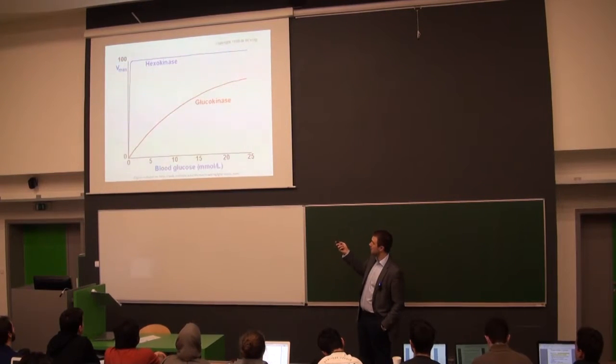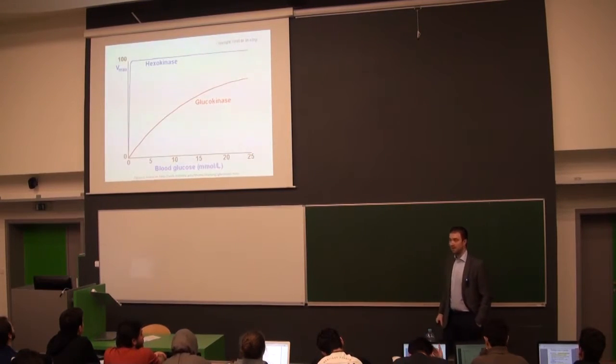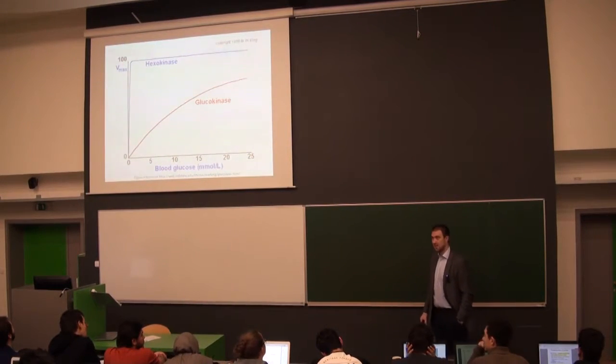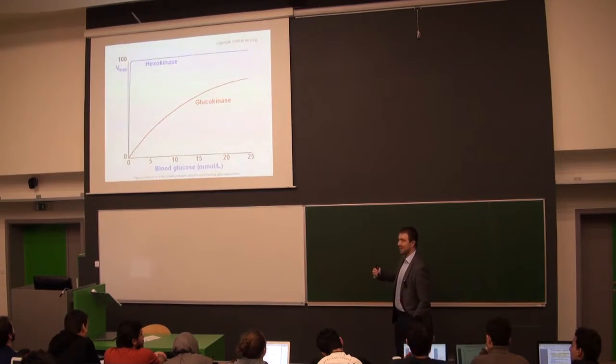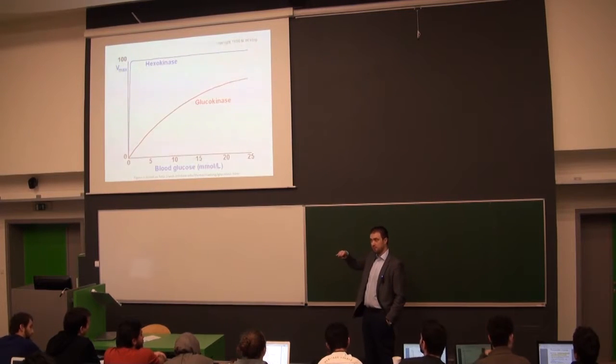And this big rise of velocity for glucokinase is a very effective way how the hepatocytes can consume the excess of glucose molecules from the diet and keep the shifts of the glycemia at some normal value.